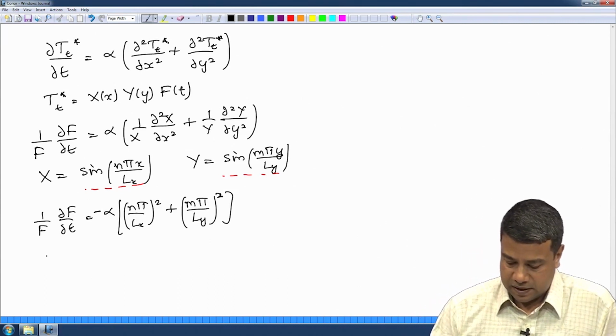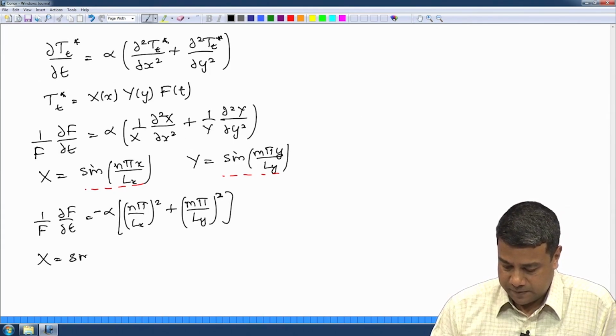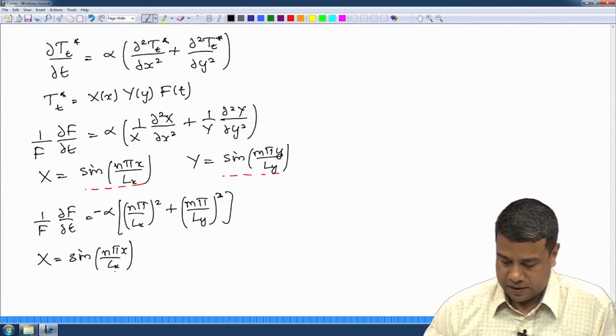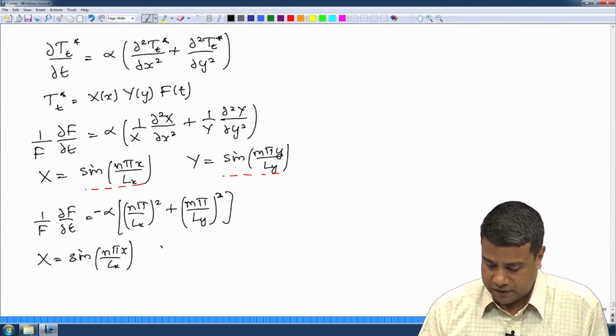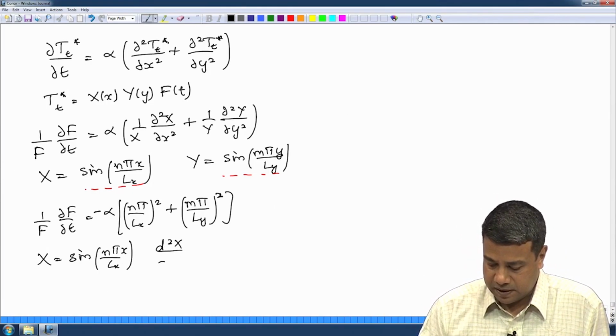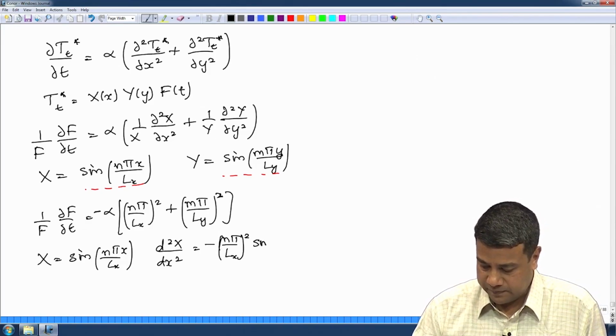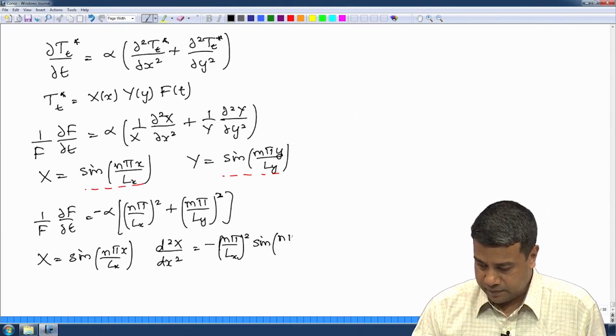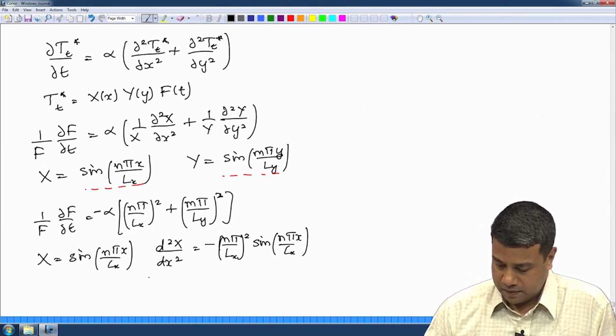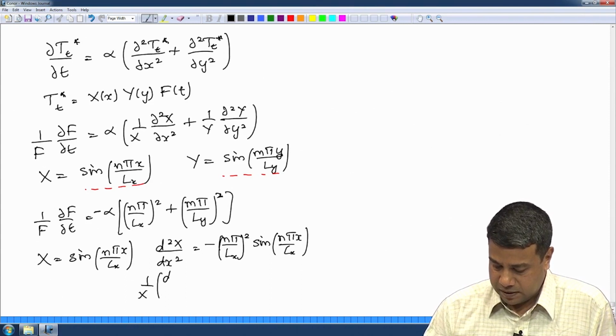If I take this function X is equal to sine of n pi x by Lx, and I take the second derivative, d square X by dx square is equal to minus n pi by Lx the whole square times sine. Therefore, 1 by X d square X by dx square is a negative constant.